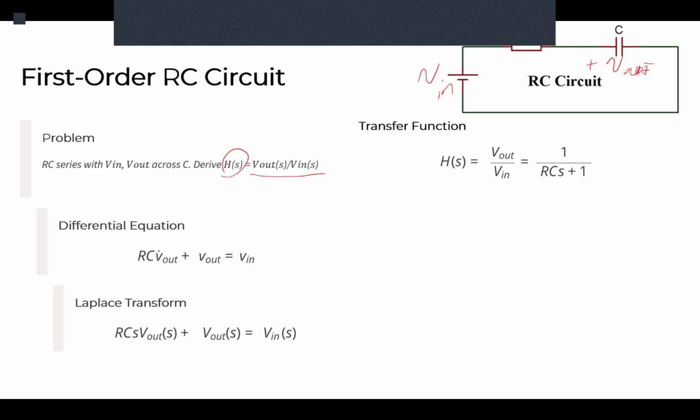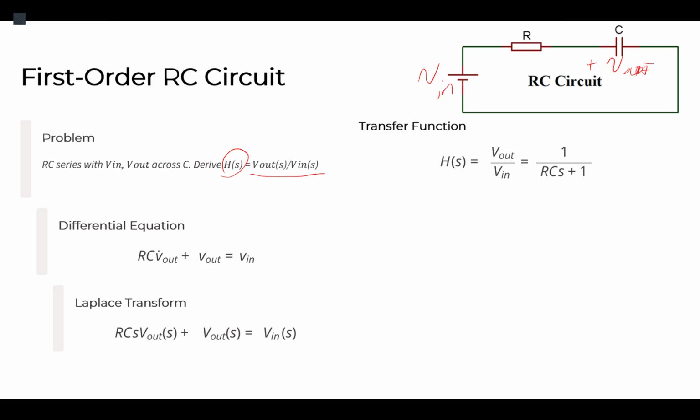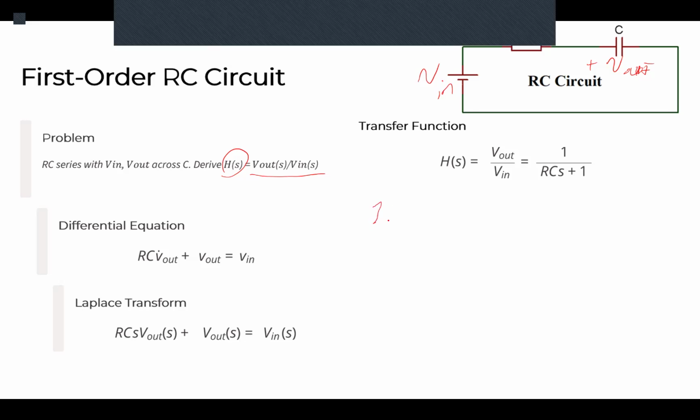Since they are in series, we know that they share the current, input, resistor, and capacitor, correct? So what is the current of the resistance? The voltage across it divided by R, right?